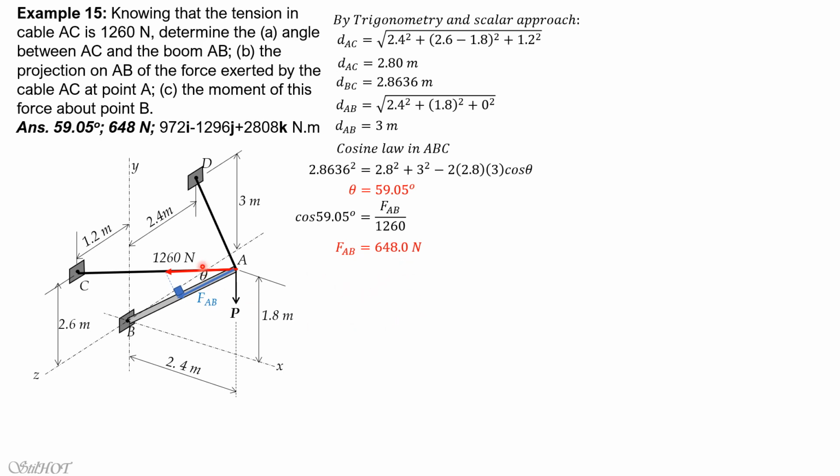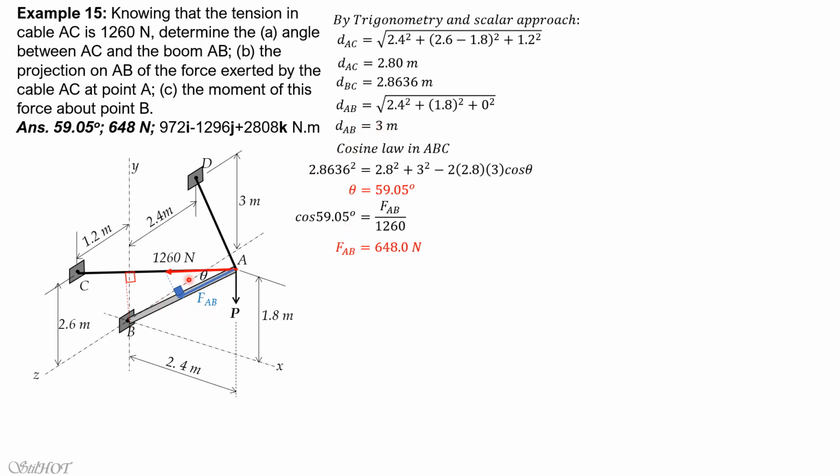Then the moment of this force about B, we can compute the scalar value, just the magnitude. In vector form, we will use the vector form later. So imagine this is the perpendicular distance of the force from point B, the moment center. So it is equal to 1,260 times this perpendicular distance, because this is again a right triangle with hypotenuse equal to AB, and AB is equal to 3.